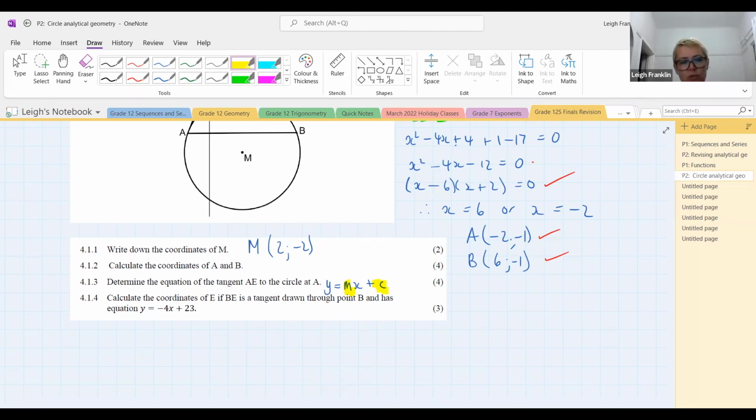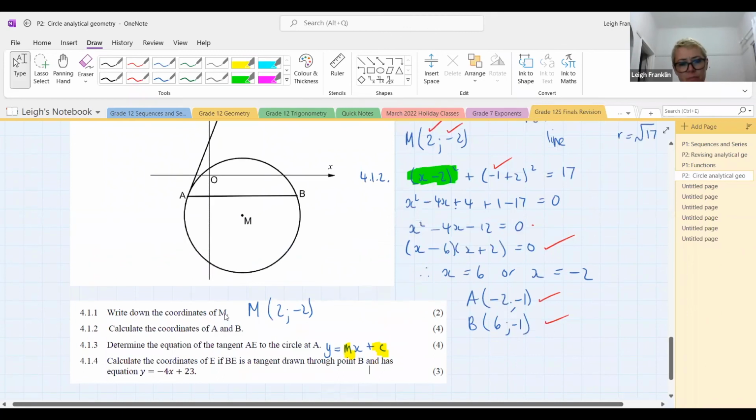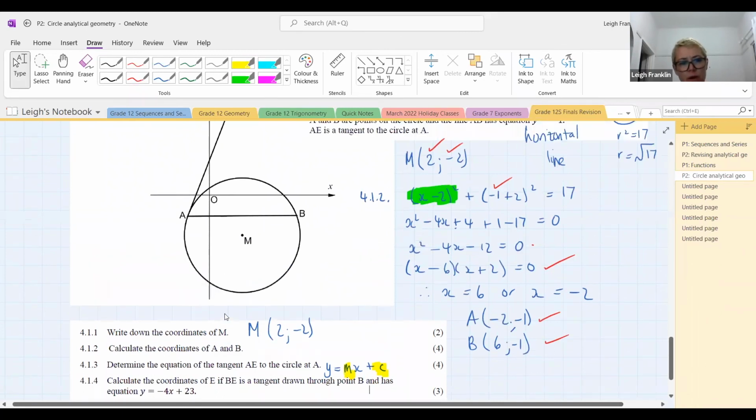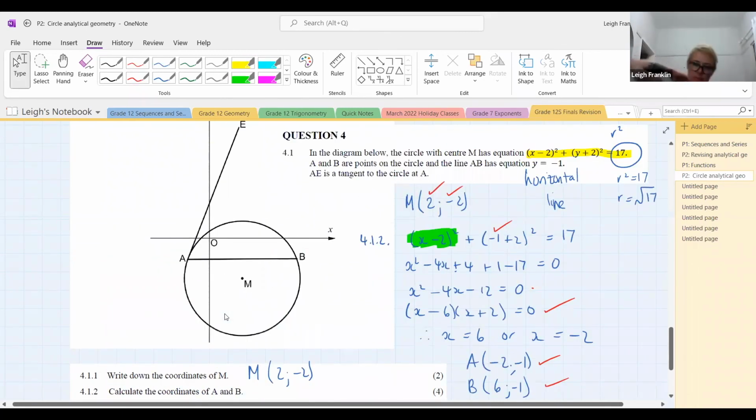So how do you think we should do this, Matrix? How would we work out the equation of AE? How would we get its gradient, first of all? Gradient of AM.